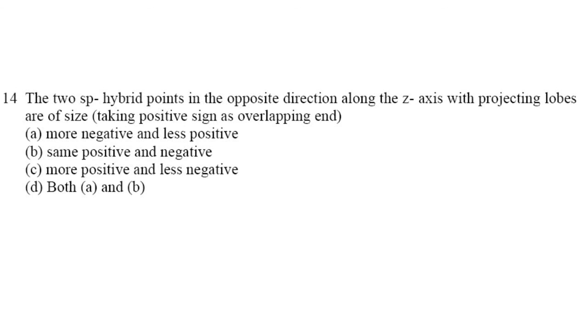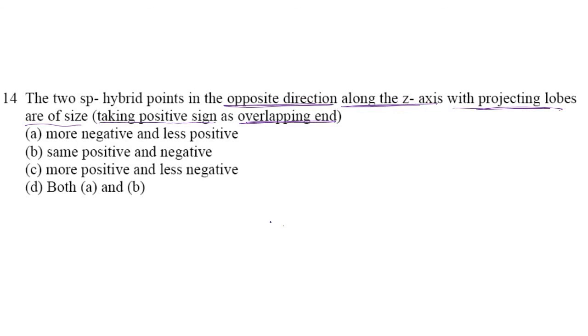Next question, that is the 14th question. The two sp hybrid orbitals point in the opposite direction along the z axis, with the projecting lobes of size taking positive sign, overlapping end on, right?